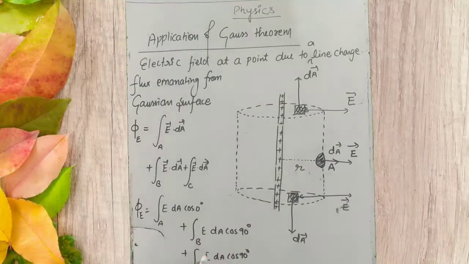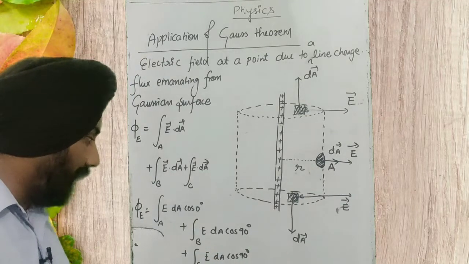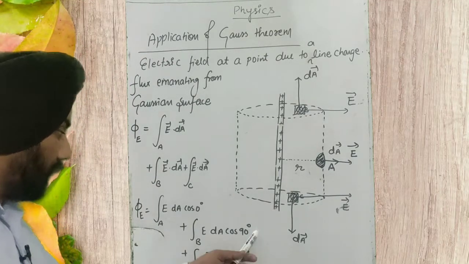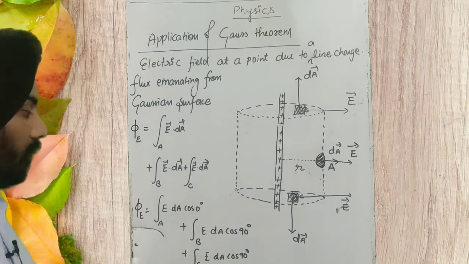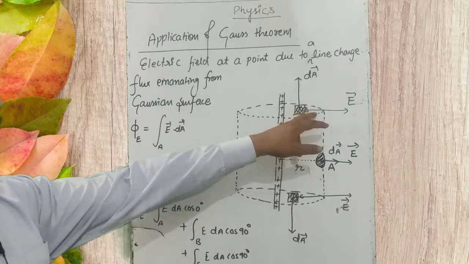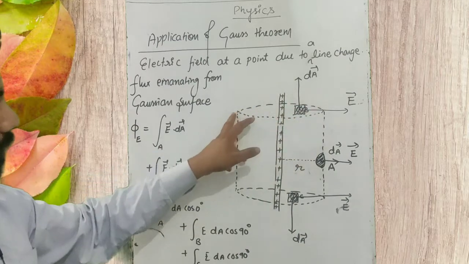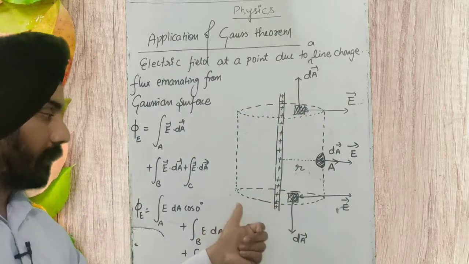Now what is the value of cos 90? Cos 90 is equal to 0. So this expression is going to be 0, and this is going to be 0. That means none of the flux is coming out from the upper cross-sectional area and the lower cross-sectional area.